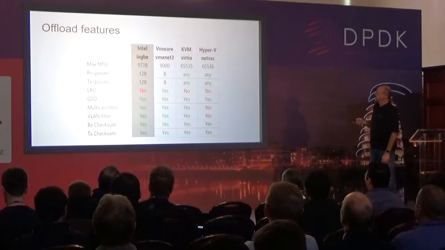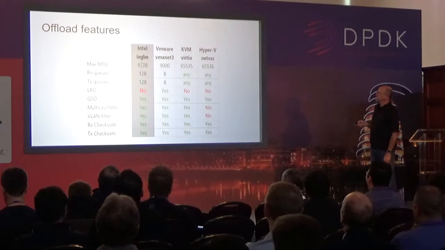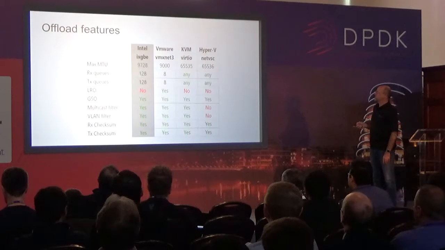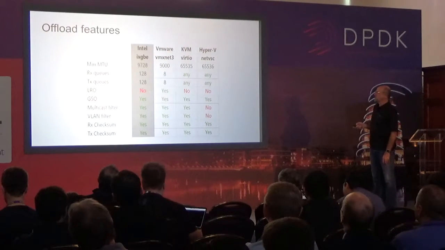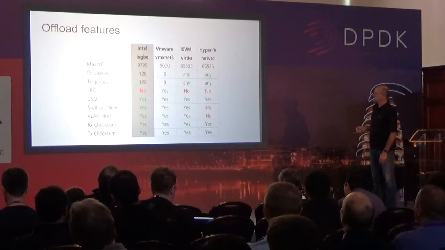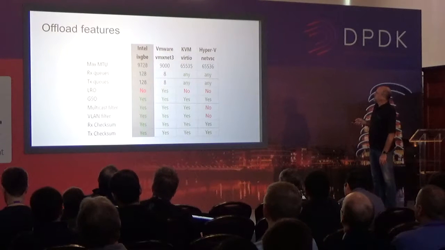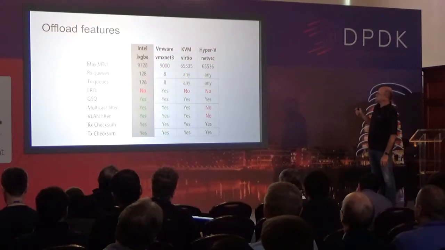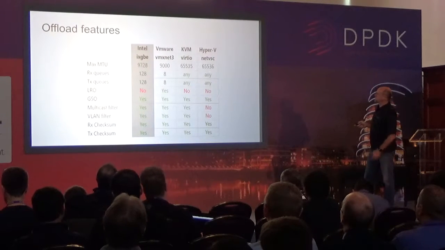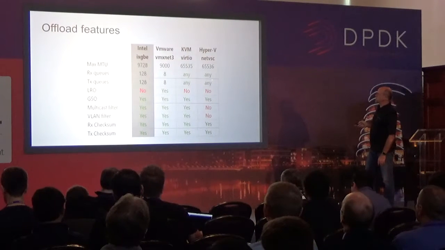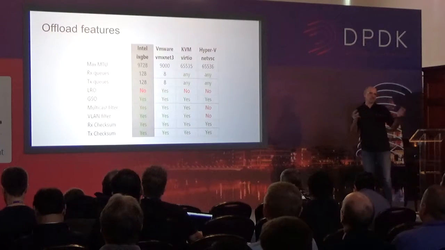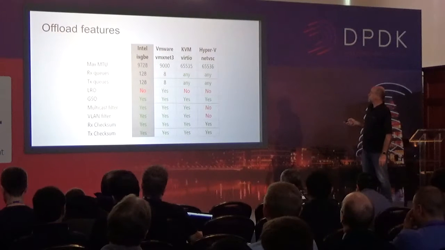But basically, if you're in hardware, you get 9K MTU, you get a hardware limit of RX and TX queues, LRO not really enabled, and you get a bunch of filtering. When you get to virtualization, you get a different set of features. You get a much bigger MTU because it's all basically done in software. The receive and transmit queues are a software artifact. There's no reason that you can't have as many as you want.